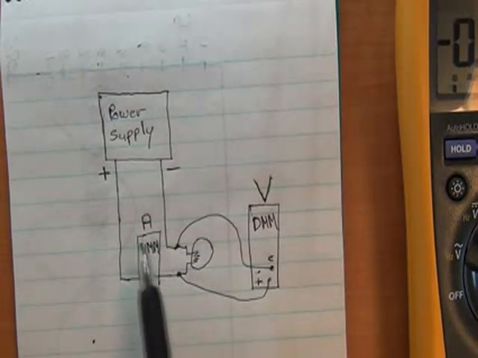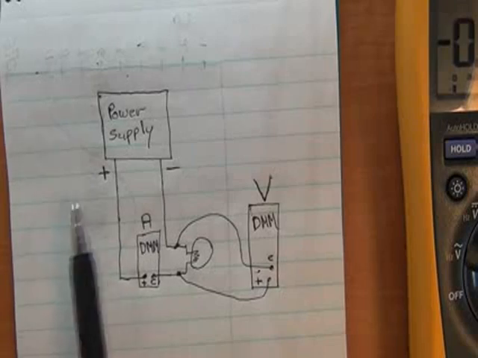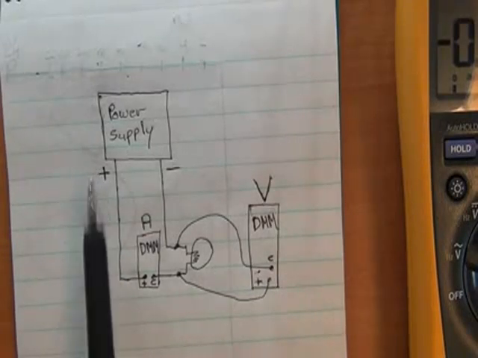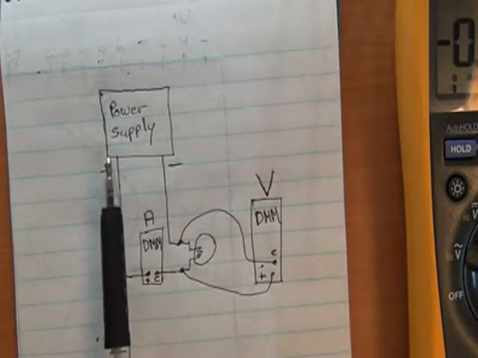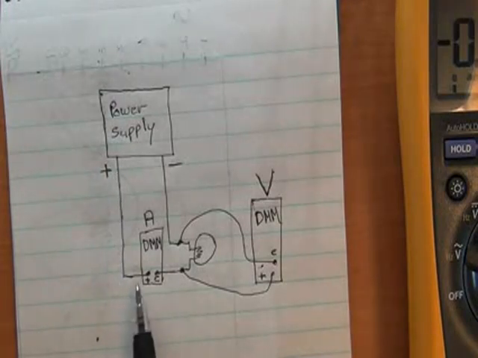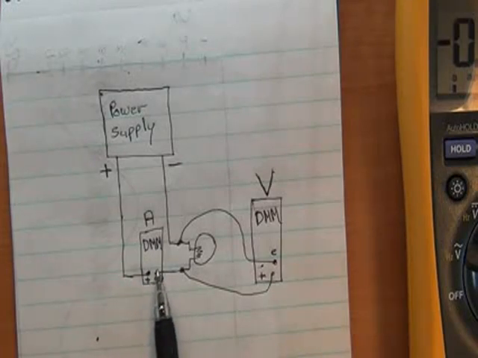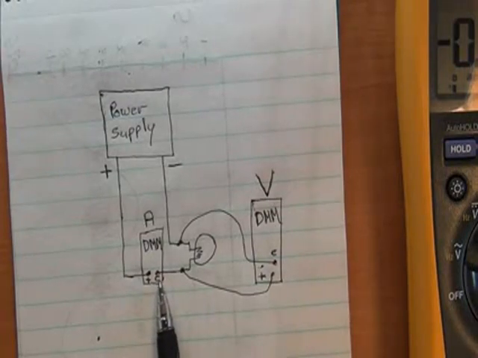Now what we're doing today and how we had things connected up is a different story altogether. We've got the power supply, and as I said, we had the positive connected to the positive red probe of the multimeter, and then we had the black, sometimes referred to as negative if we're measuring DC, but in essence it's the common.